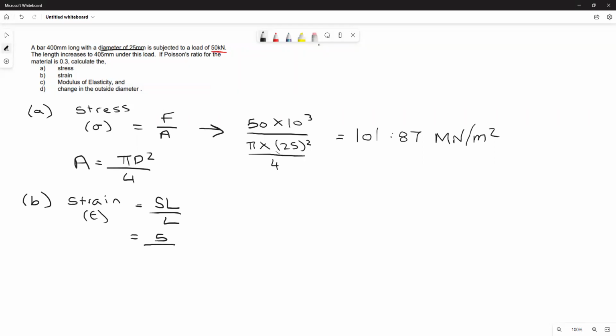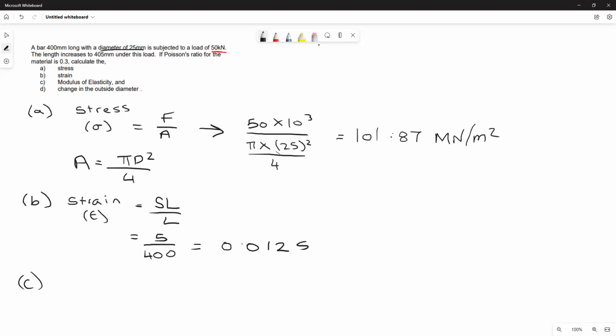And then the original length was 400. So once you put that into your calculator, you will then get an answer of 0.0125.